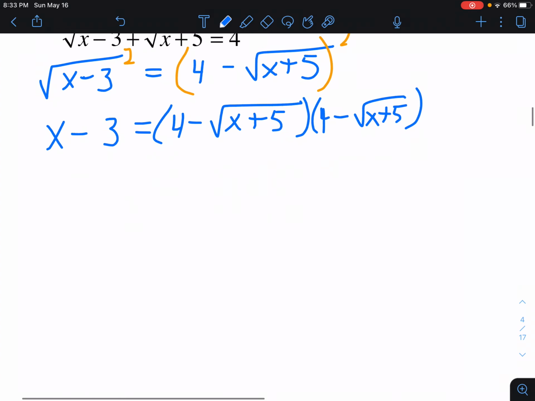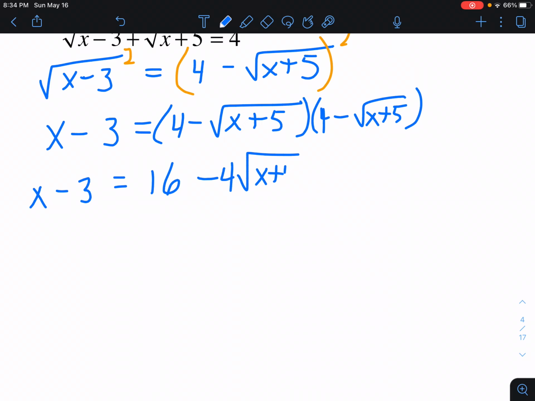All right. So listen closely here. So first, 4 times 4, 16. Now the outside's 4 times negative square root of x plus 5. That will be minus 4 times the square root of x plus 5. Then the inside is negative square root of x plus 5 times 4, which is just the same thing as the term before it.